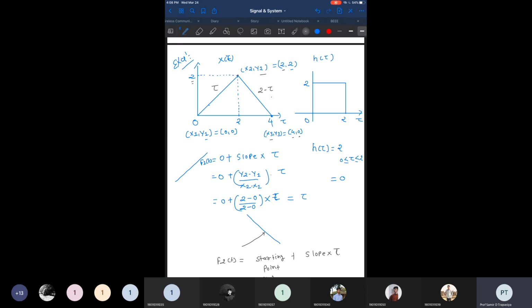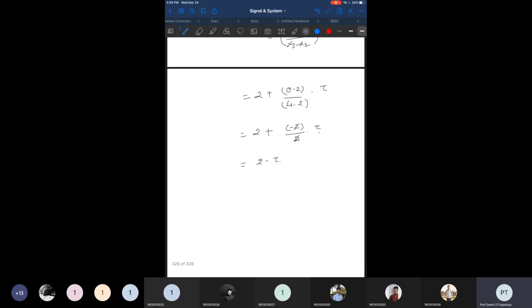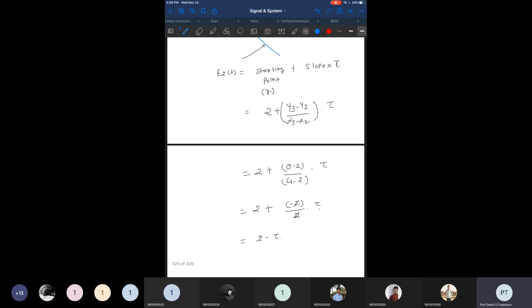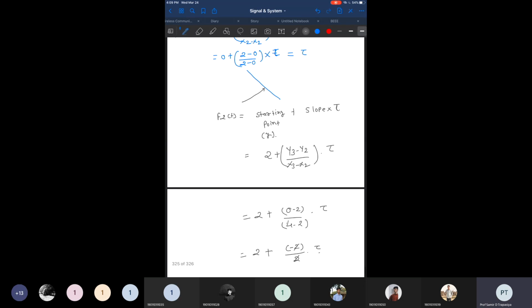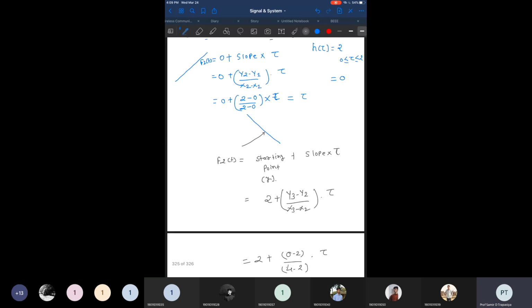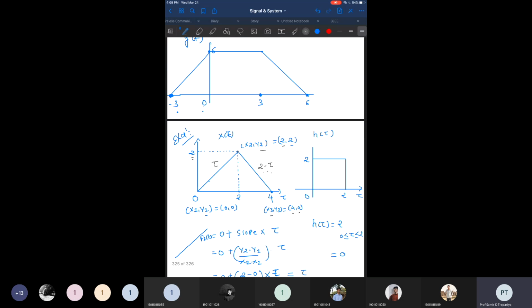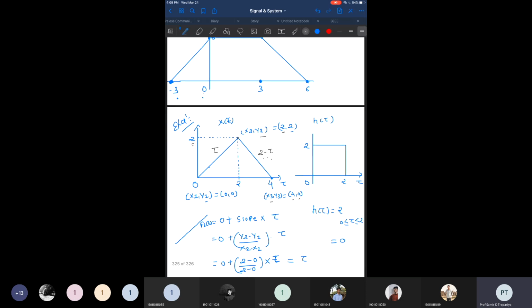Again, we can check whether this 2 minus tau function is right or wrong. So at point number 2, this function is not right. I think the starting point we have not considered. Yeah, sorry, this is okay.